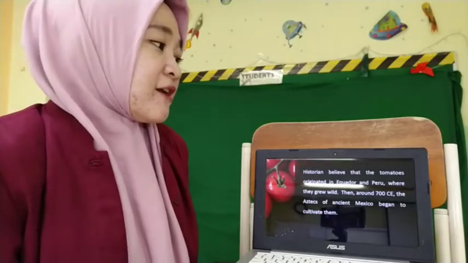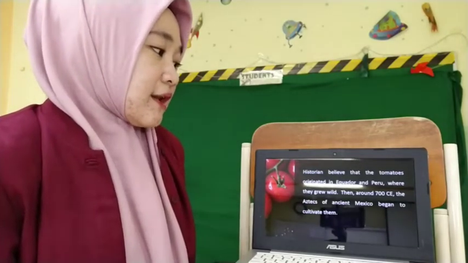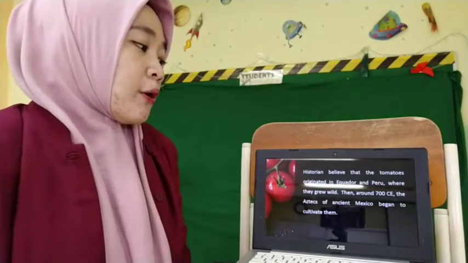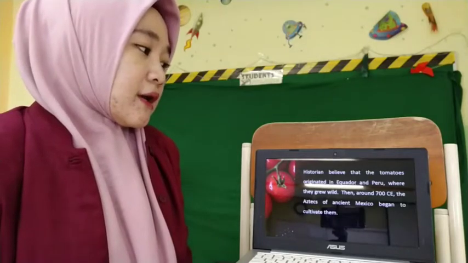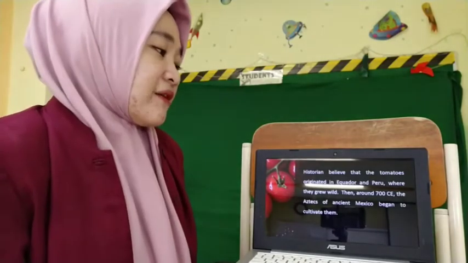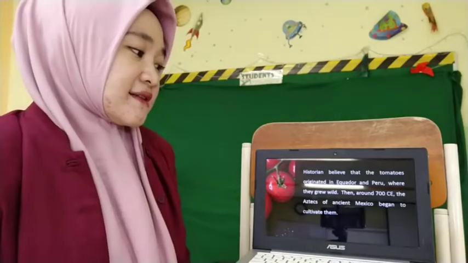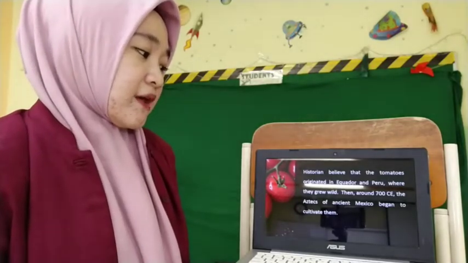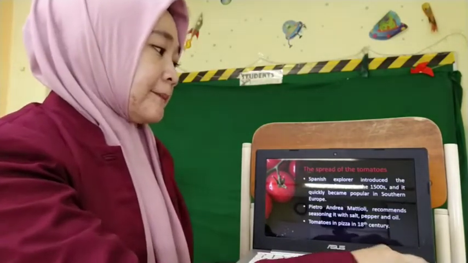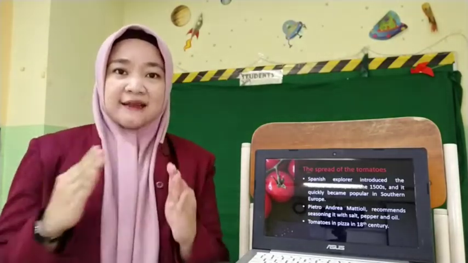Historians believe that tomatoes originated in Ecuador and Peru, where they grew wild. Then around 700 CE, the Aztecs of ancient Mexico began to cultivate them. Is that a presentation? No, that is not a presentation.